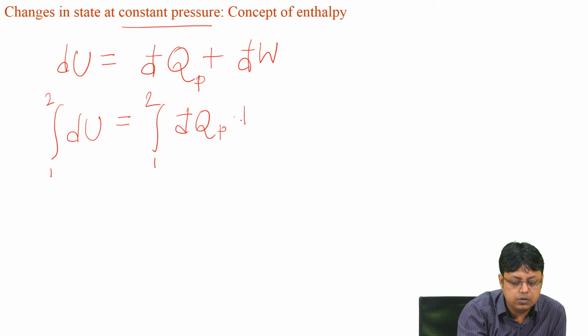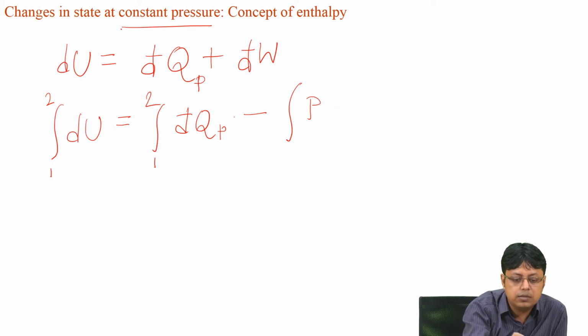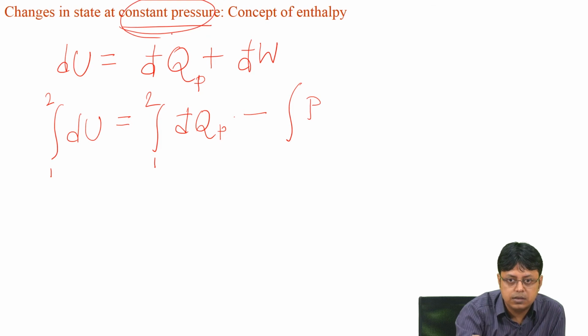And remember that in this case the work done is nothing but minus P opposing into dV, but here the opposing pressure will be the pressure of the system itself, because it is a constant pressure process. Throughout the transformation the pressure was kept constant, so we can also keep it outside the integral.